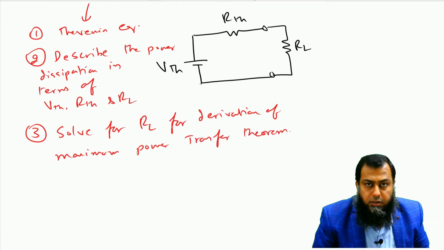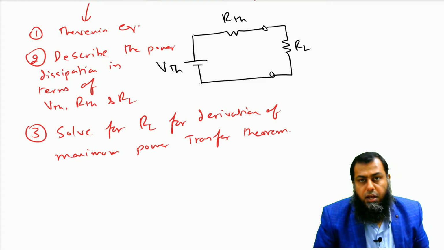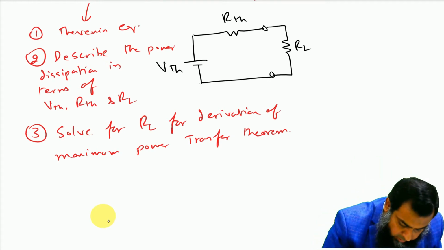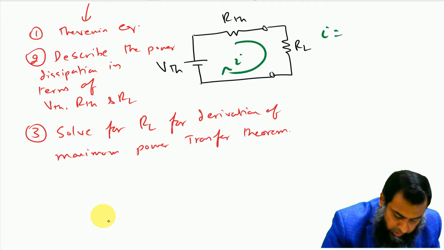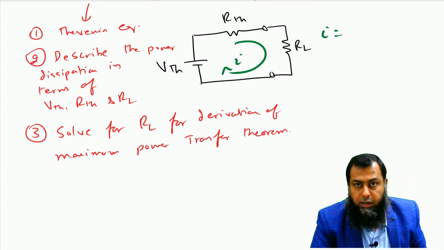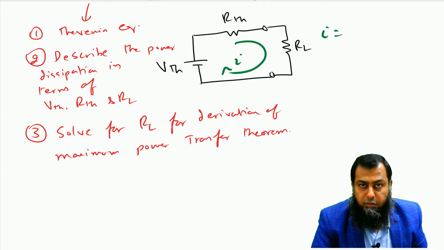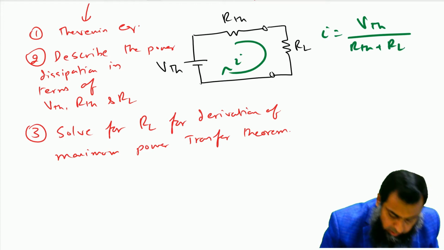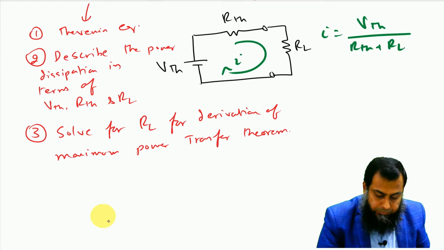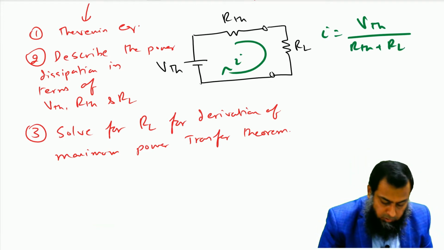So to solve for this particular circuit and the derivation, or to derive the value of the load resistance RL, we should notice that there is some current I flowing here in this particular circuit, the value of which is given by Ohm's law, which states that the current flowing in a closed path is equal to the voltage divided by the resistance R. So I is equal to V Thevenin over R Thevenin plus RL, right? So this is the current which is flowing in this particular circuit.